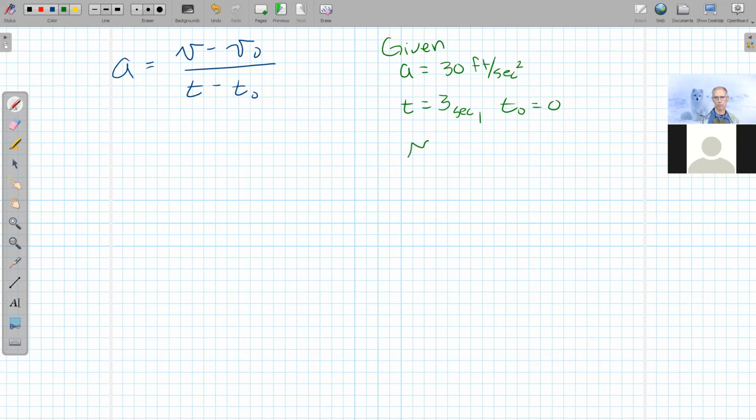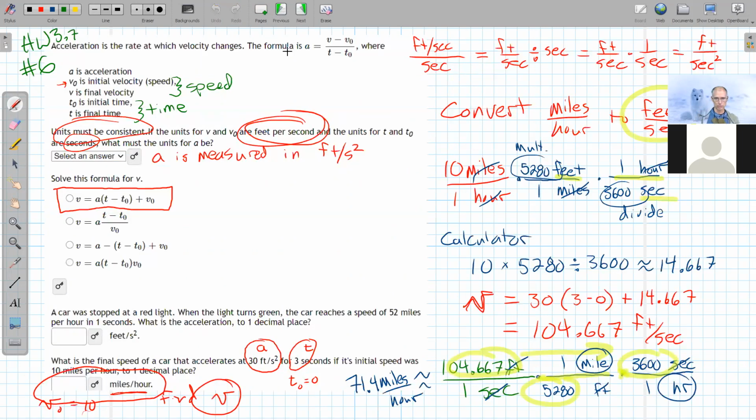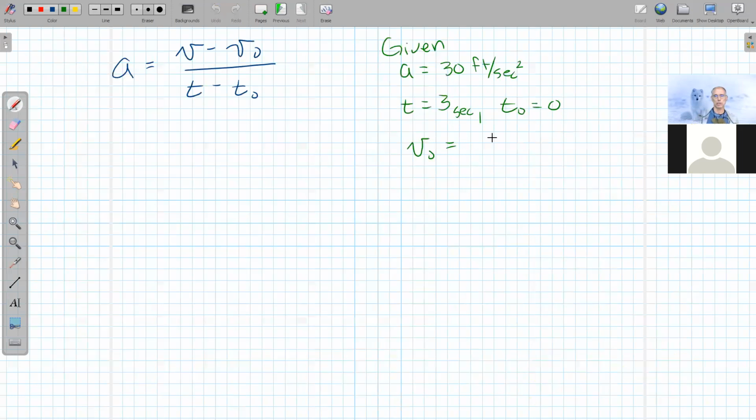What else? I was given that V0 was, I think it was 10 miles per hour. Which we recognized didn't match the feet per second, so we did a conversion that ended up being 14.667 feet per second. And so now I can plug in this given information directly.